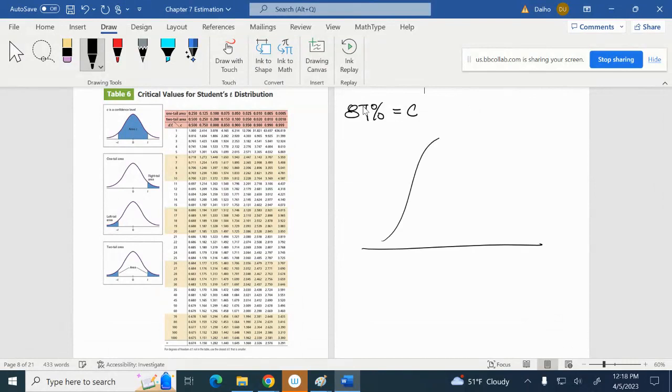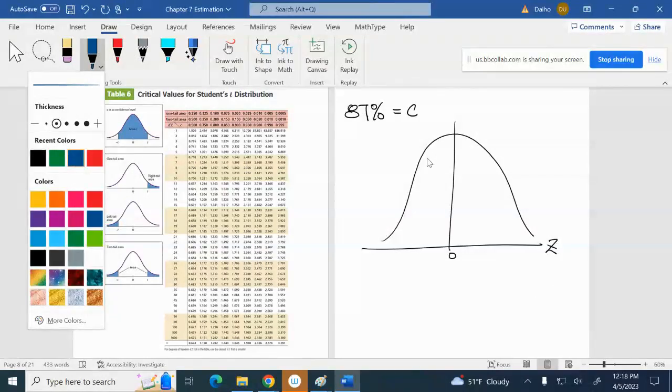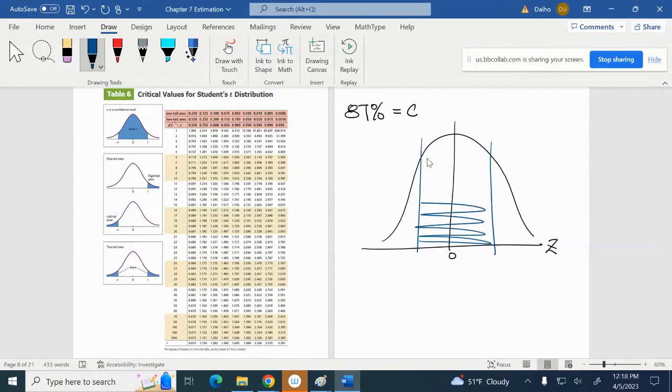But the idea was, from the Z distribution with mean equals 0, plug 87% in the middle. Then the left and right tails together are 100 minus 87, which is 13%. Then divided by 2 because we need only the left one. Then I have 6.5%.